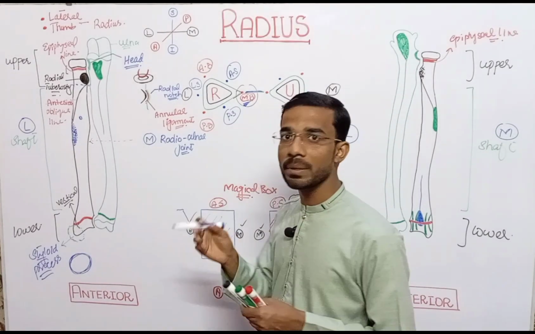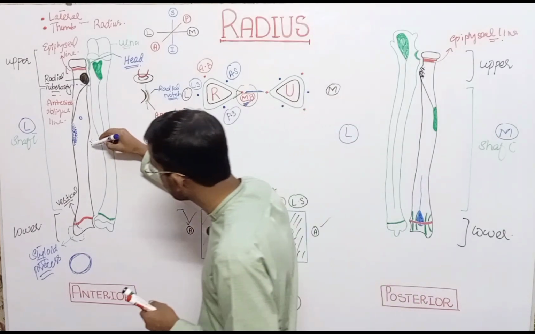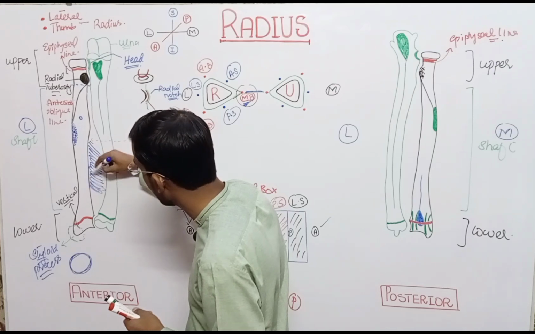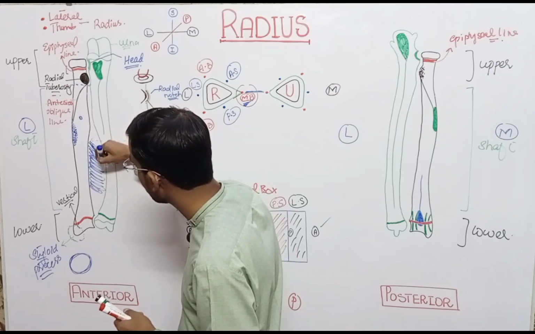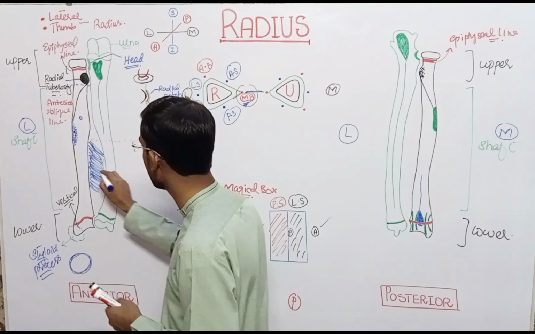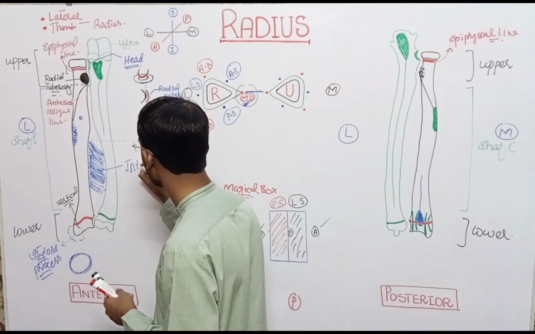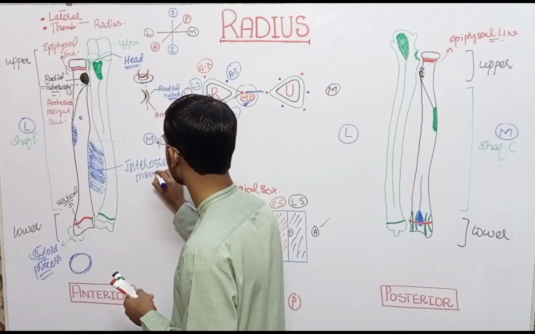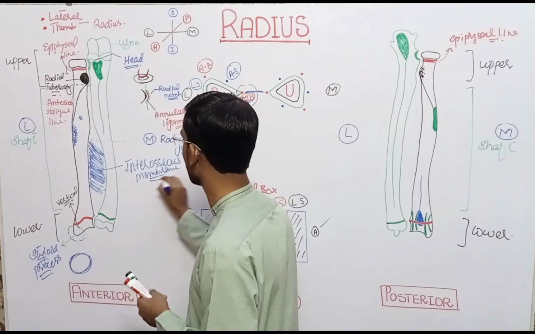The medial border is important because of the interosseous membrane. In approximately the lower three-quarters area, you will see the presence of the interosseous ligament. Here in the medial border you will see the attachment of the interosseous membrane. So this point is very much important.